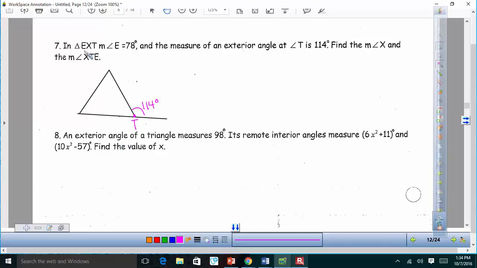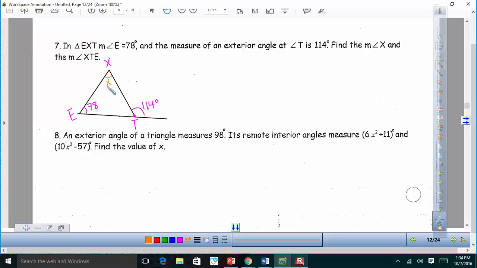Then if it's triangle EXT, I have to go in that order. So if this is T, we're going to make this X, this E. So it tells me angle E is 78. We don't know X. They want us to find X and find EXT. So if we do not know X right here, what can we let it be?